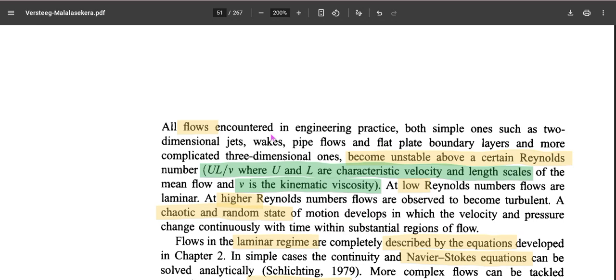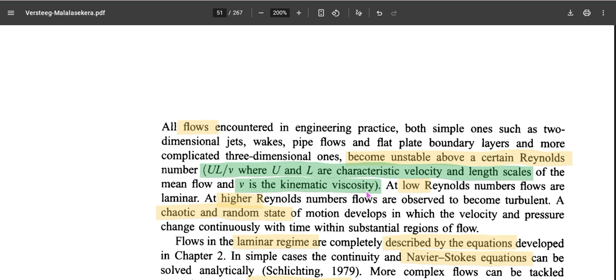In a dimensionless form, this Navier-Stokes equation has a parameter called a Reynolds number, which is defined by UL by mu, where U is the characteristic velocity scale, L is the characteristic length scale, and the denominator is the kinematic viscosity.